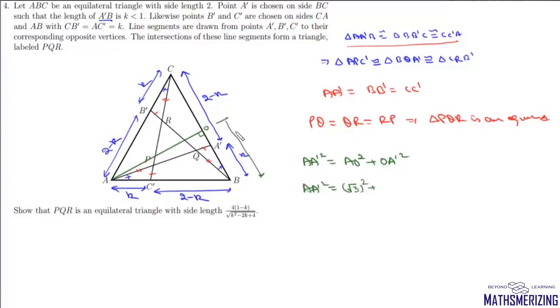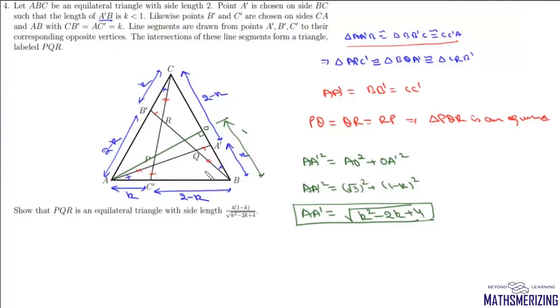Now this is the midpoint, so this length is 2, so this is 1 minus k. So it will be simply (1 minus k) square. So from here we can say AA' will be simply under root of k square minus 2k plus 4. So that is the length of this AA'.